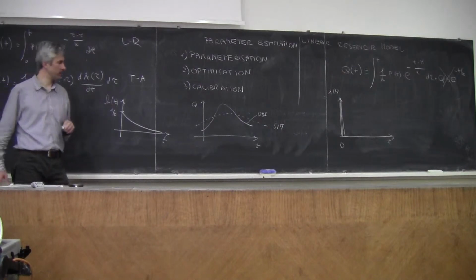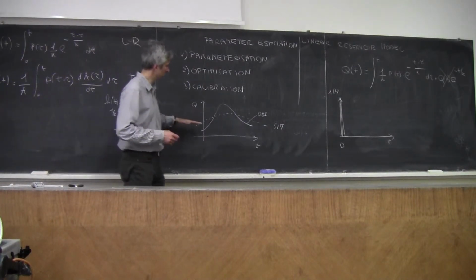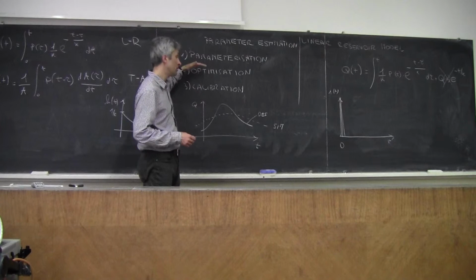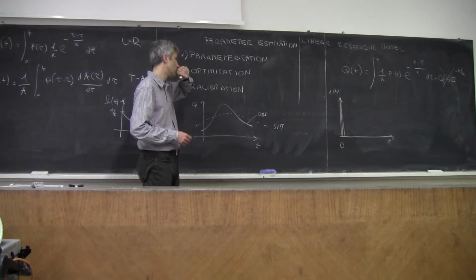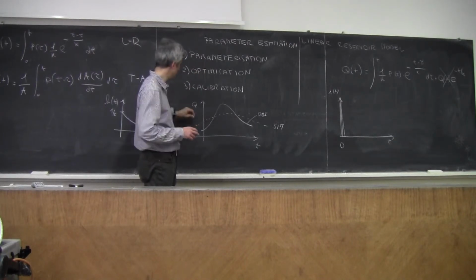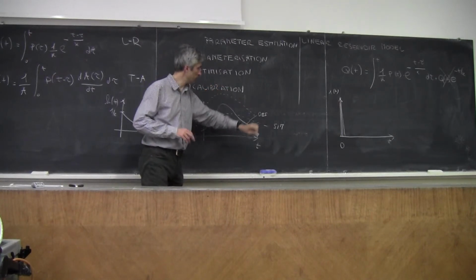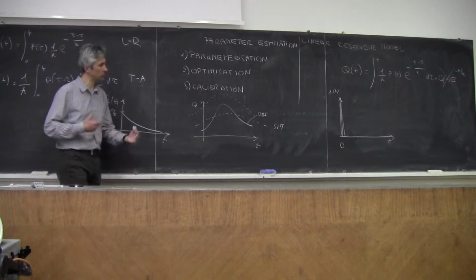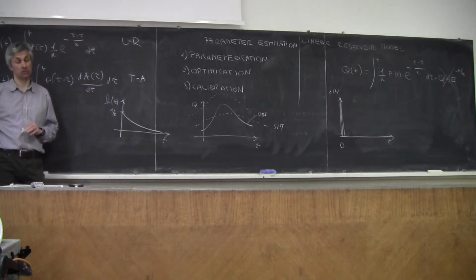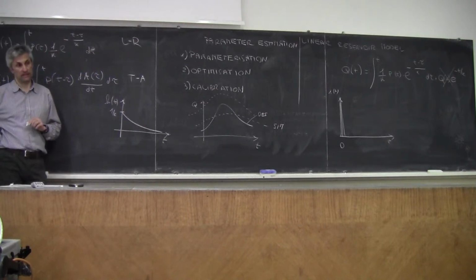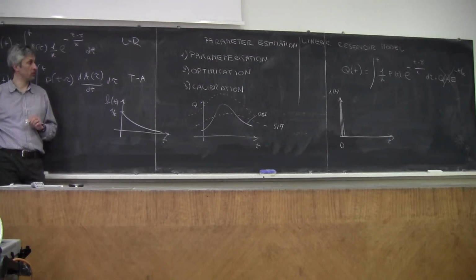Usually you could also get a hydrograph that is completely above the observed line or completely below, because it depends on the value of the runoff coefficient.